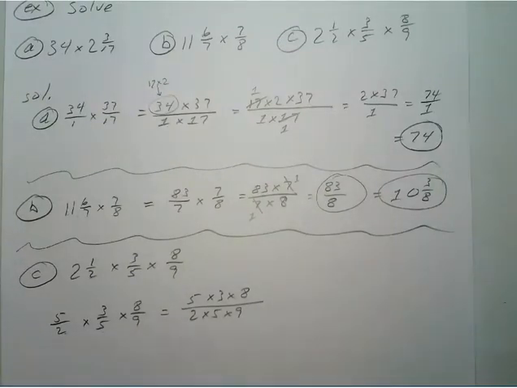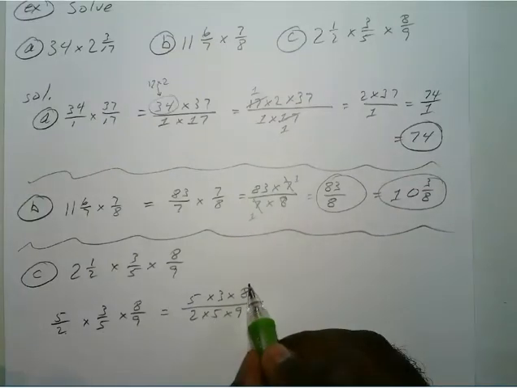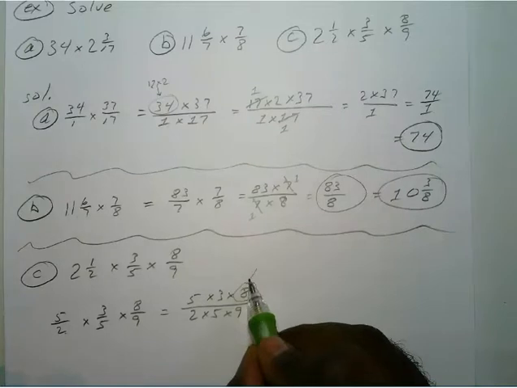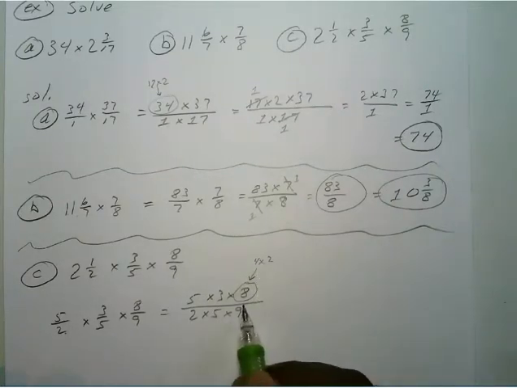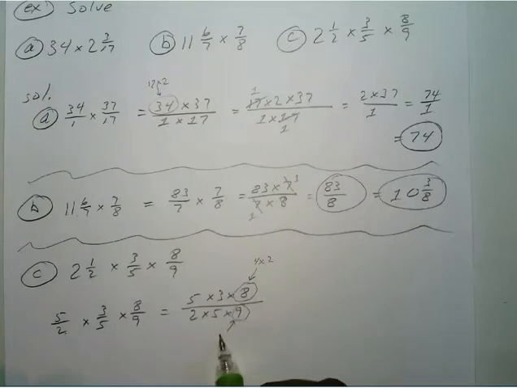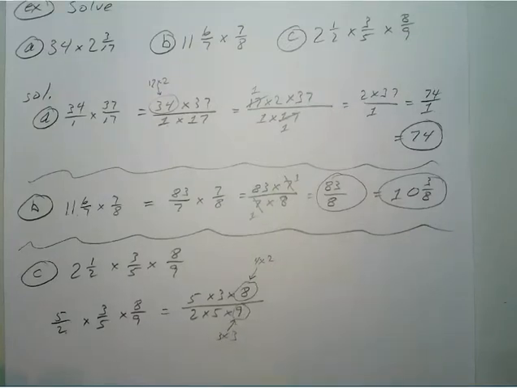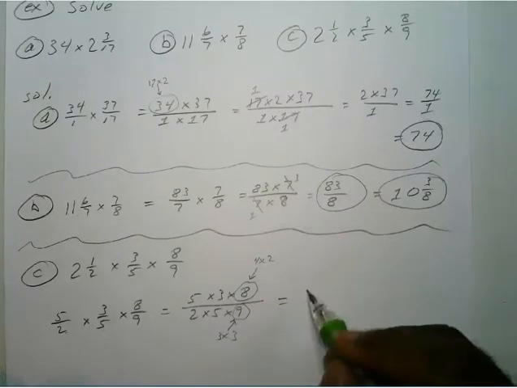Now, if you wanted to, right this very moment, you could cancel out the 5s, but I'm going to save that step for the next one because I want to replace 8 with 4 times 2, and I want to replace 9 with 3 times 3. So I'll do all my canceling in one step.